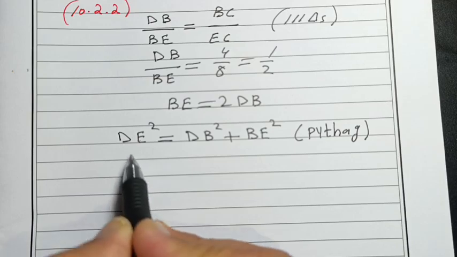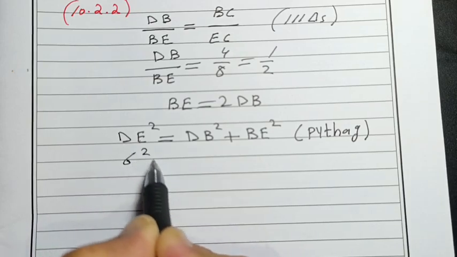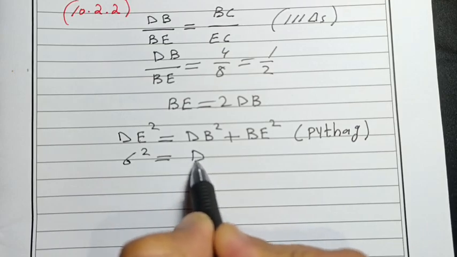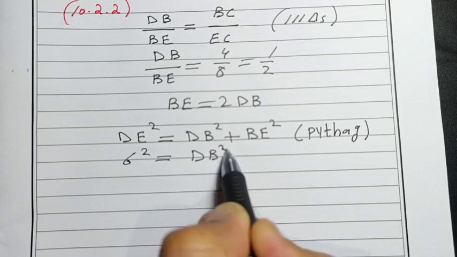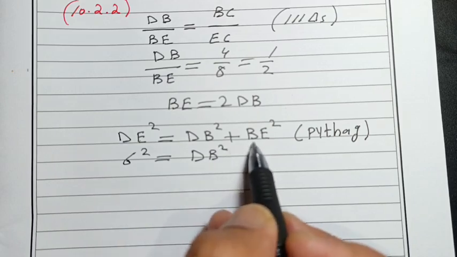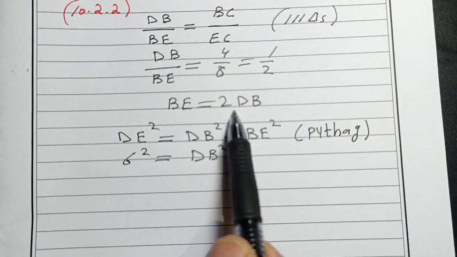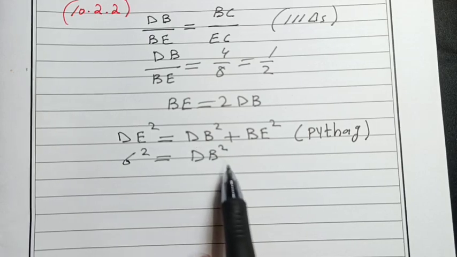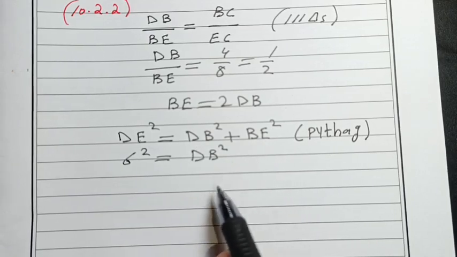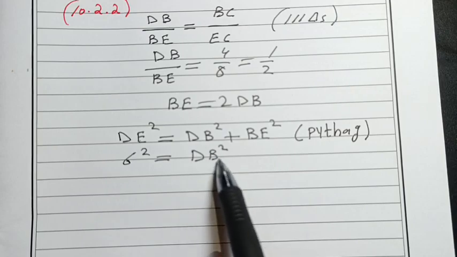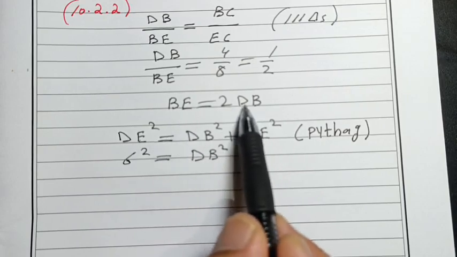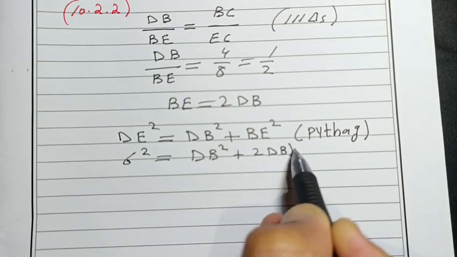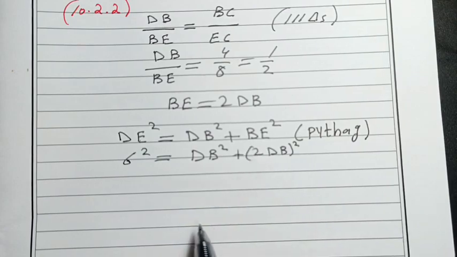So this is going to be 6 squared is equal to DB squared, we don't know, plus BE squared. I'm going to substitute the values here, DB squared plus BE, where BE is equal to 2 DB. So plus 2 DB squared.